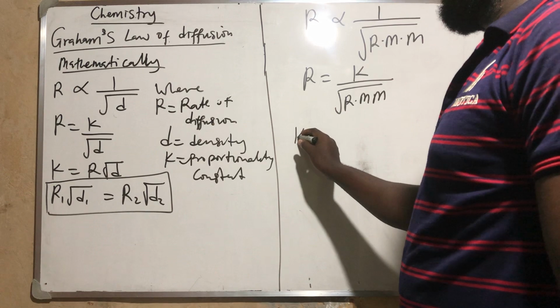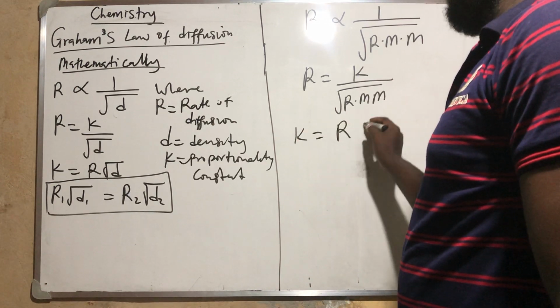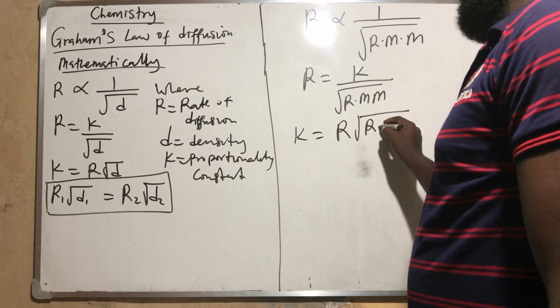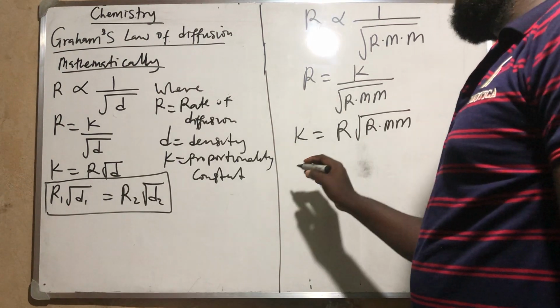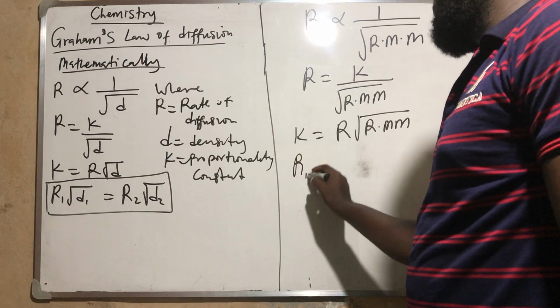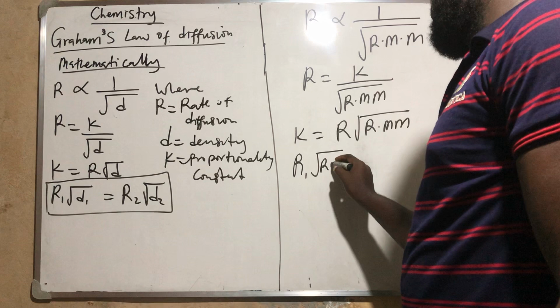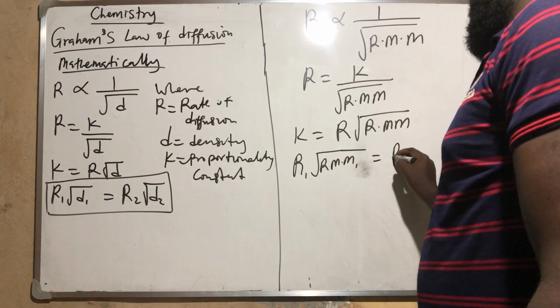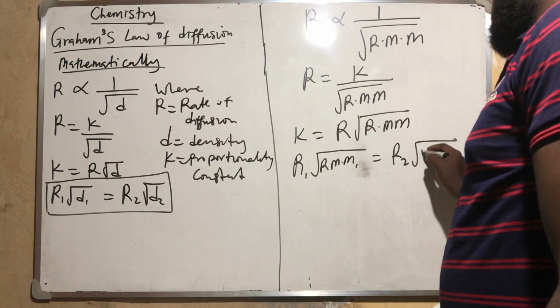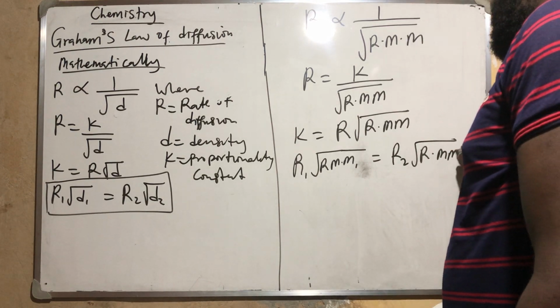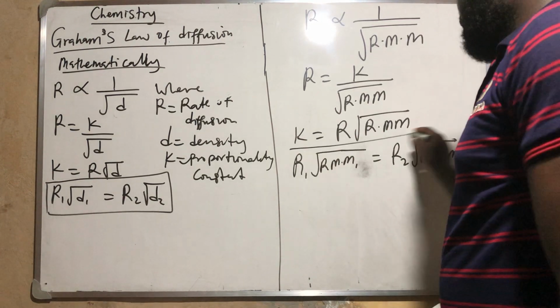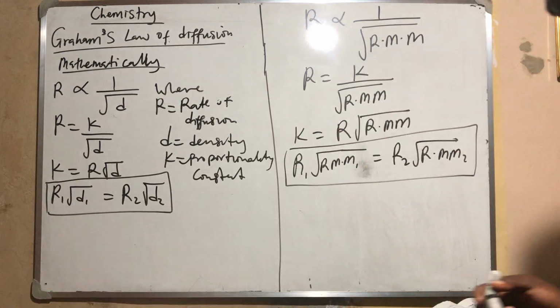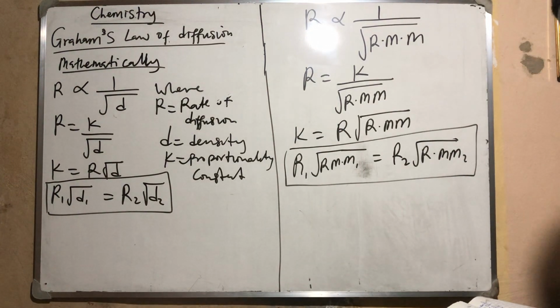So we now have that K is equal to R times the square root of the relative molecular mass. So you can write R1 times the square root of relative molecular mass 1 is equal to R2 times the square root of relative molecular mass 2. This is another important formula that you need to note.